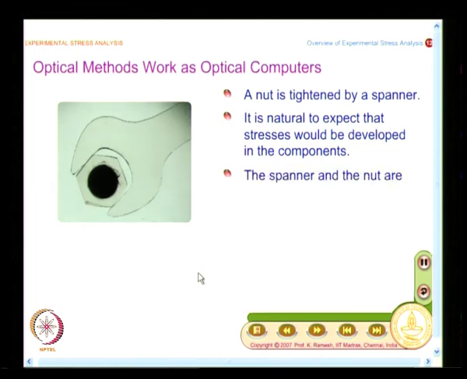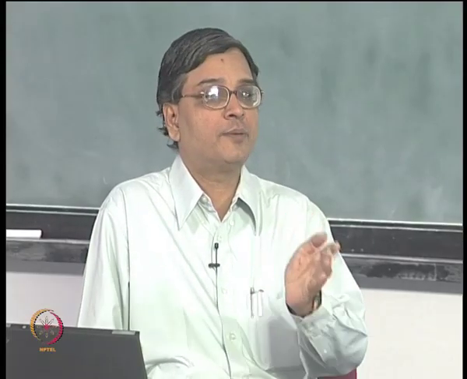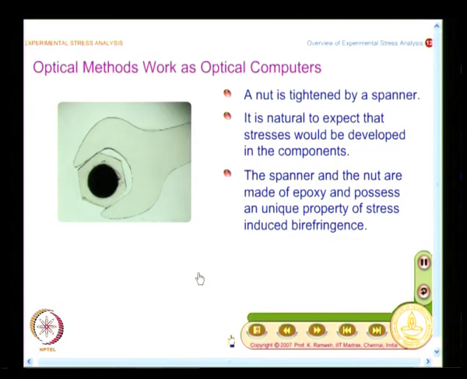A nut was tightened by a spanner, and it is natural to expect that stresses would be developed in the components, and you do not see them. The difference between what I have shown in the previous live exercise and what you see on the screen right now is that the spanner is made of epoxy and the nut is also made of epoxy.